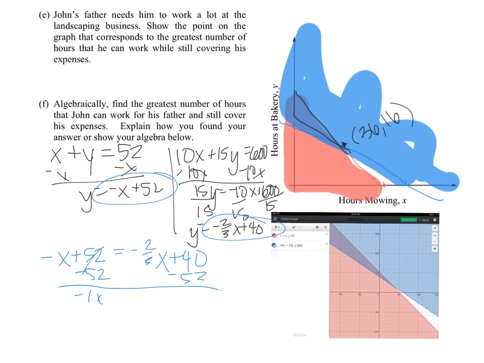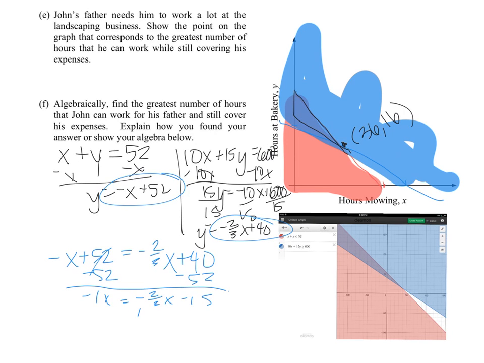And I have negative 1x equals negative 2/3 x minus 12. And then we're going to add 2/3 x to each side. And I have negative 1/3 x.